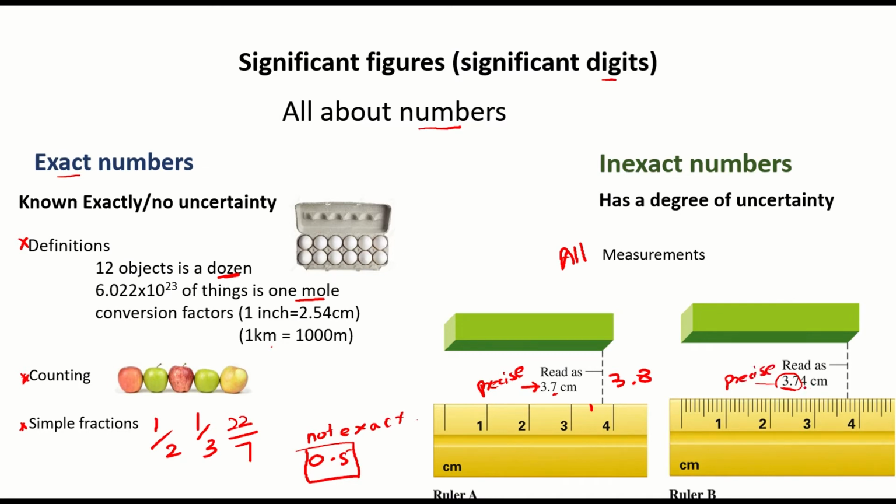But what about the number 4? It is an estimate. This last digit is an estimate. One person can say it is 3.74, another person can say it is 3.75. So there is some sort of uncertainty every time we make a measurement.